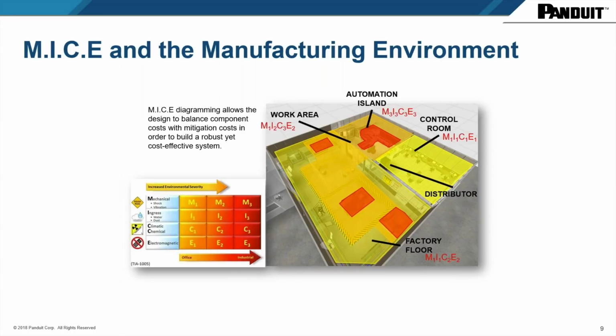Now, what happens if you use anything that does not conform to these specs? If, for instance, you choose to use a commercial grade cabling and connectivity in an M3, I3, C3, and E3, you would most likely be able to run the system.